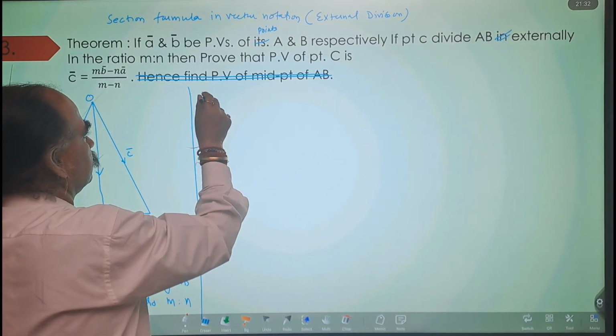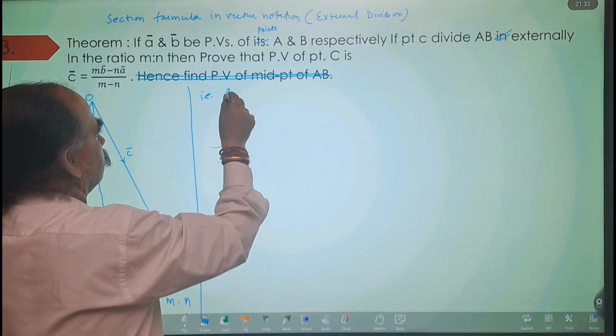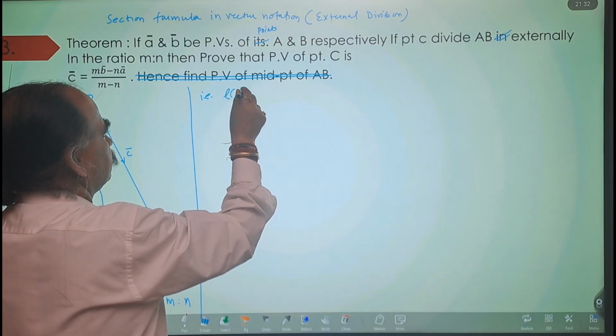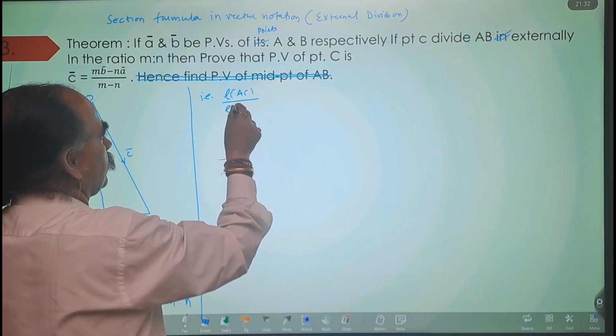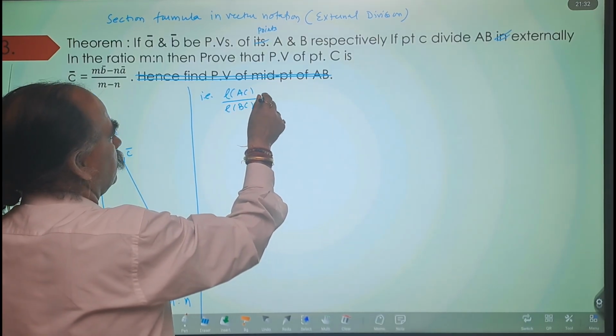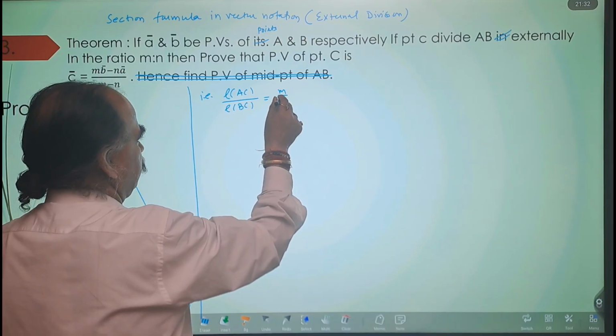That is length AC upon length BC is m by n.